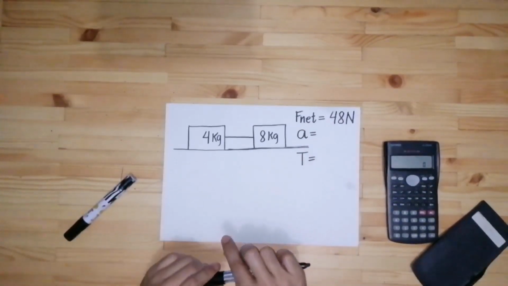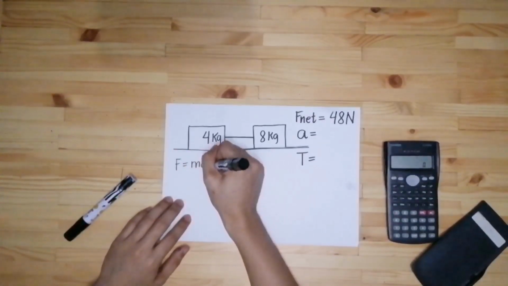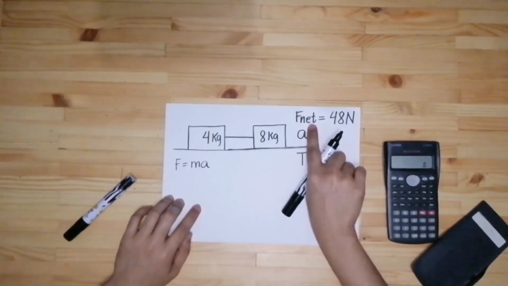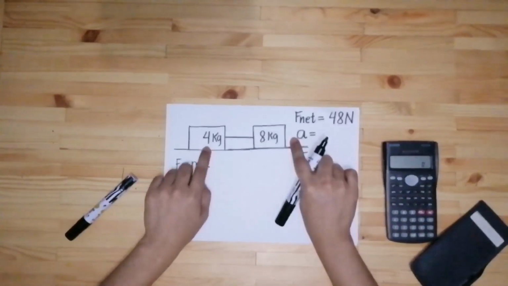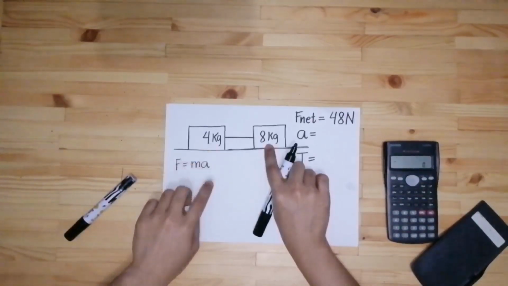The main formula that we will use here is F equals ma. So the given here is the total force or the net force in the system. Also given are the two masses. This is object number 1, the 4 kilograms, then the other object is 8 kilograms.